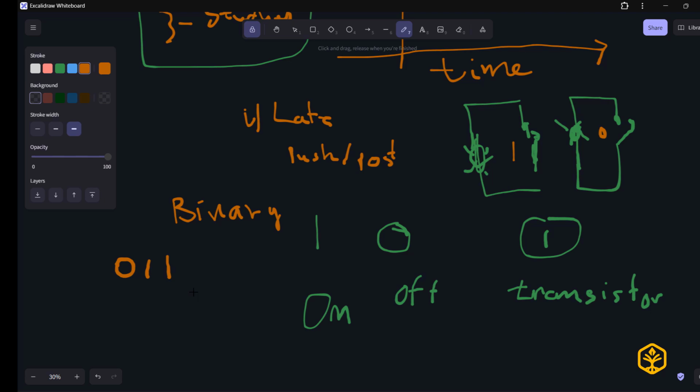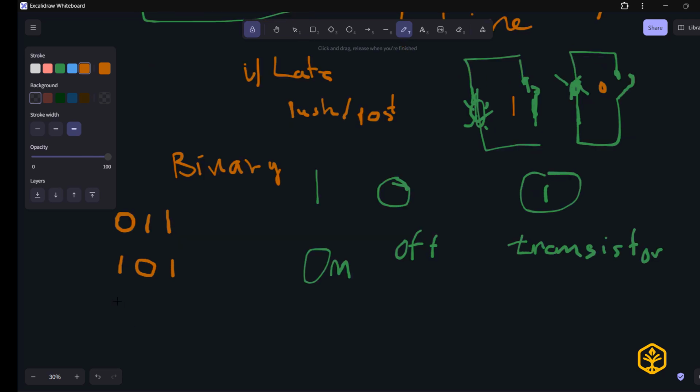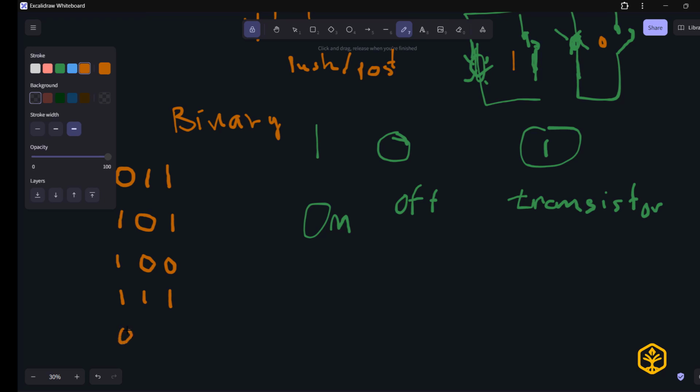Or it can be that the first one is on, the second one is off, and the third one is on. Or the first one on, the second one off, and the third one off. Or the first one on, the second one on, the third one on. Or even all 3 of them off.